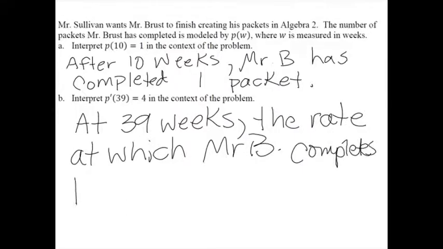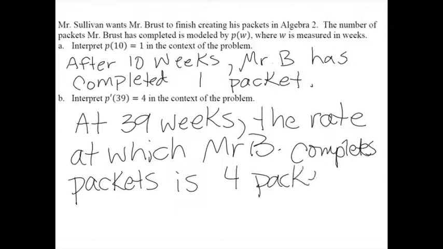He's working at 4 packets per week. And from a teacher's standpoint, he's working pretty good. That's a lot of packets.